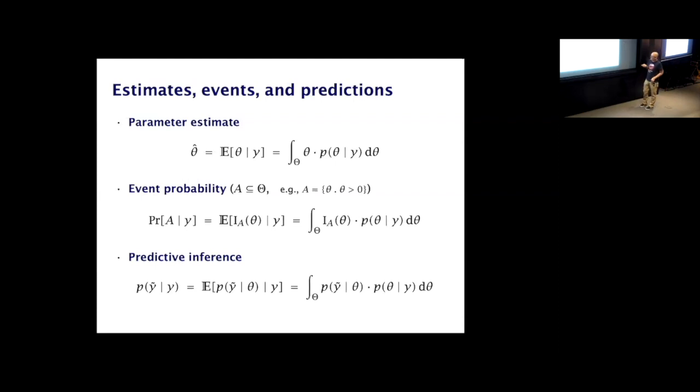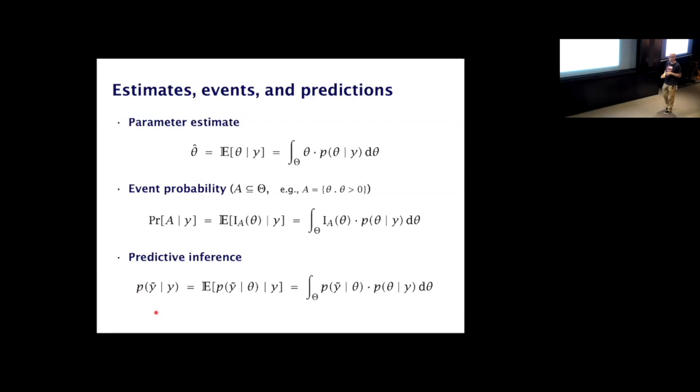And then finally, we can do predictive inference. Like, say I want to guess what the value of something's going to be tomorrow, how many people are going to be infected with COVID next week, right? Well, that's going to be a case of predictive inference down here, where y tilde, as I wrote here, is going to be new data that we haven't observed.